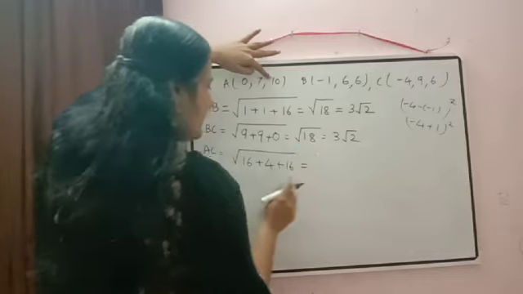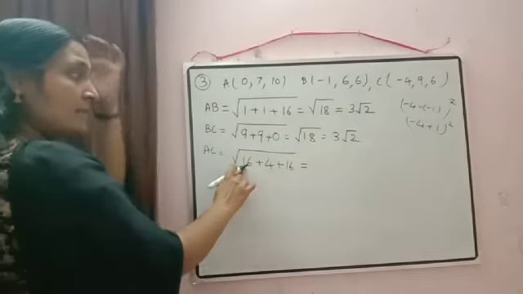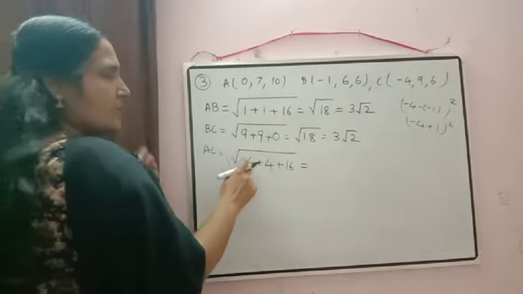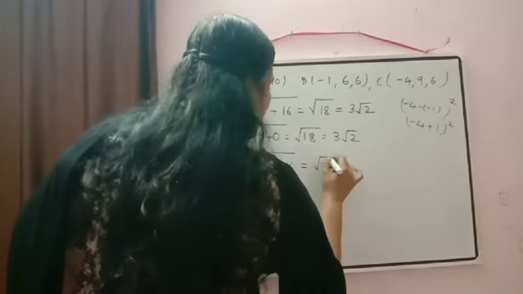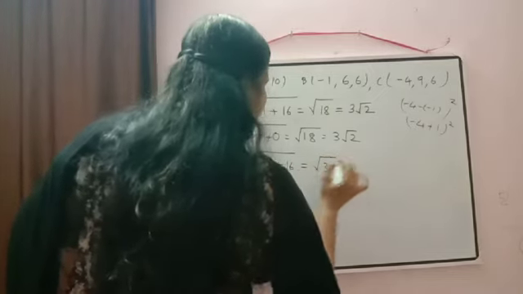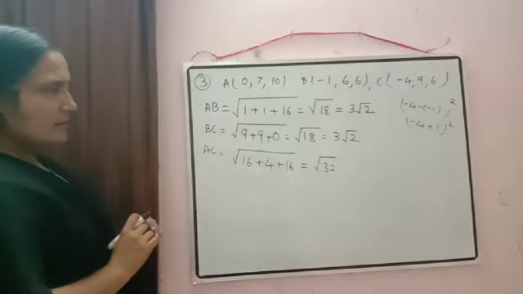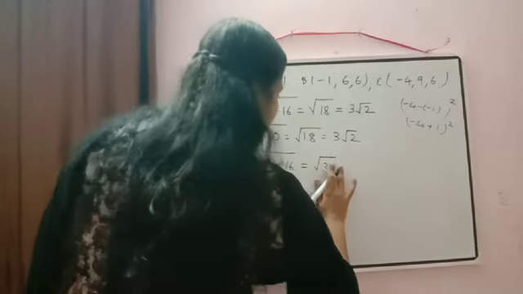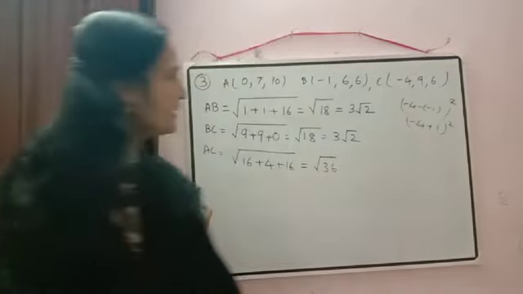So what we are getting here, 16 plus 16, 32. 32 plus 4 will be equal to root 36. Correct? Root 36.